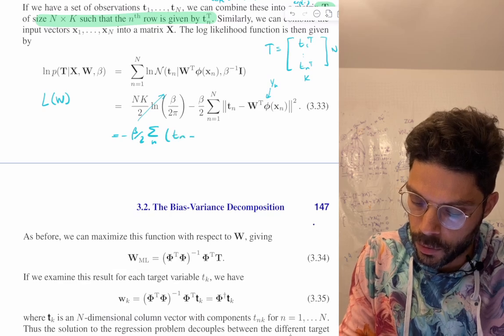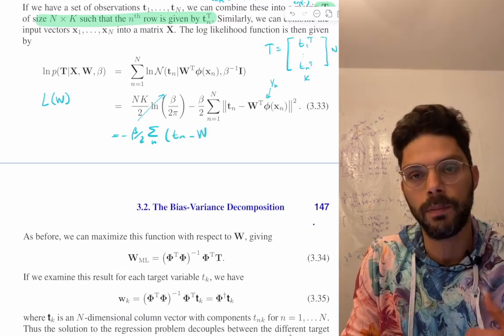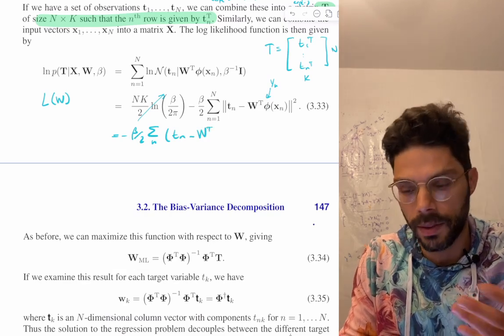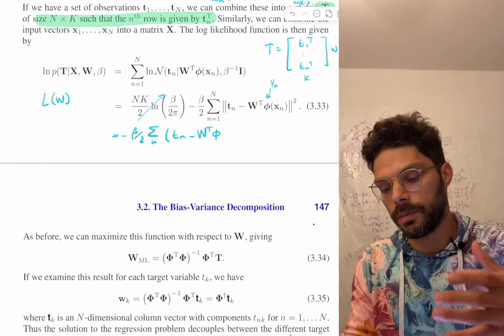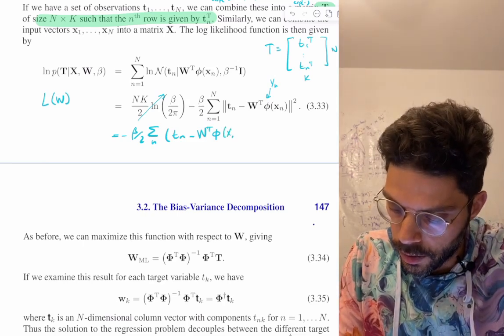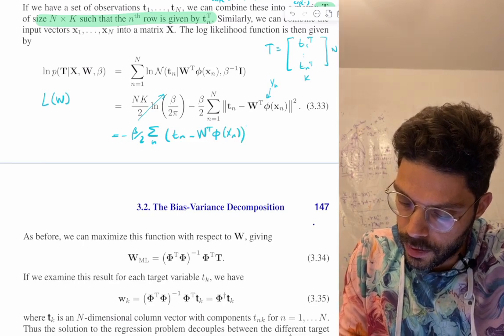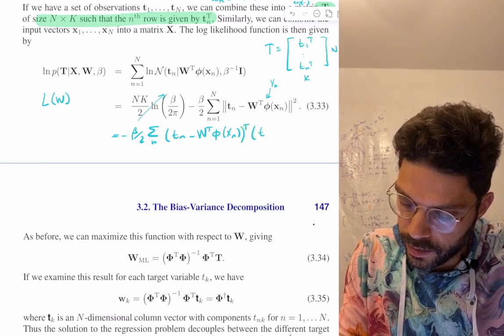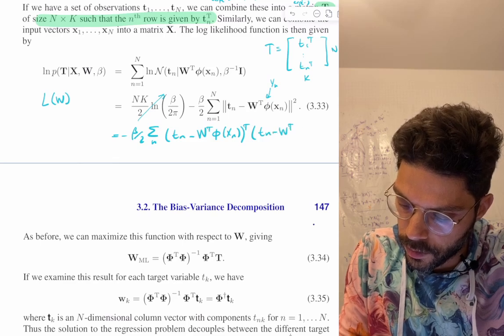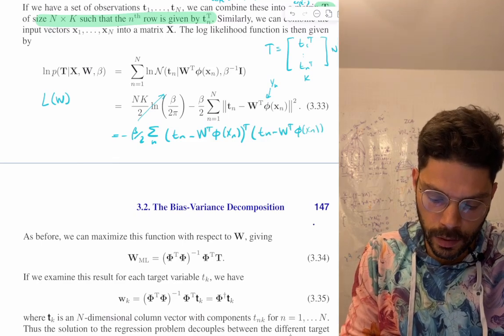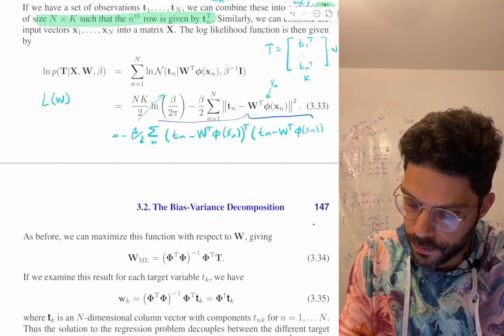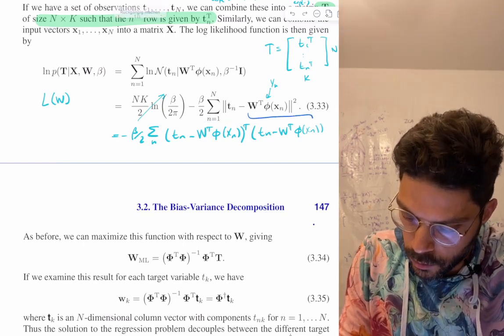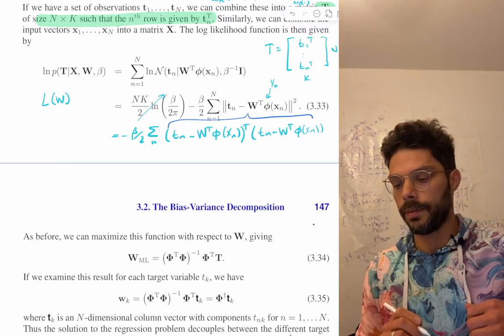And remember, when we're doing these things, it's helpful to write things out as scalar products. You'll see what I mean. So I've just written this equivalently, so this has just become that.